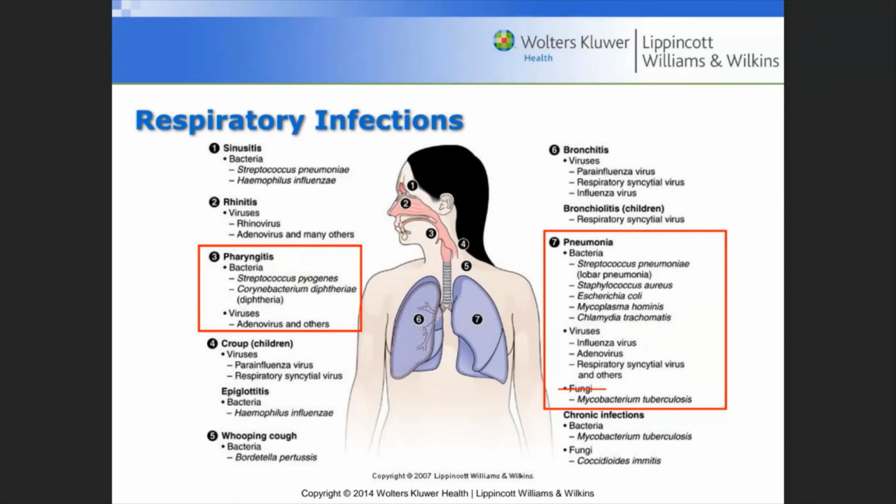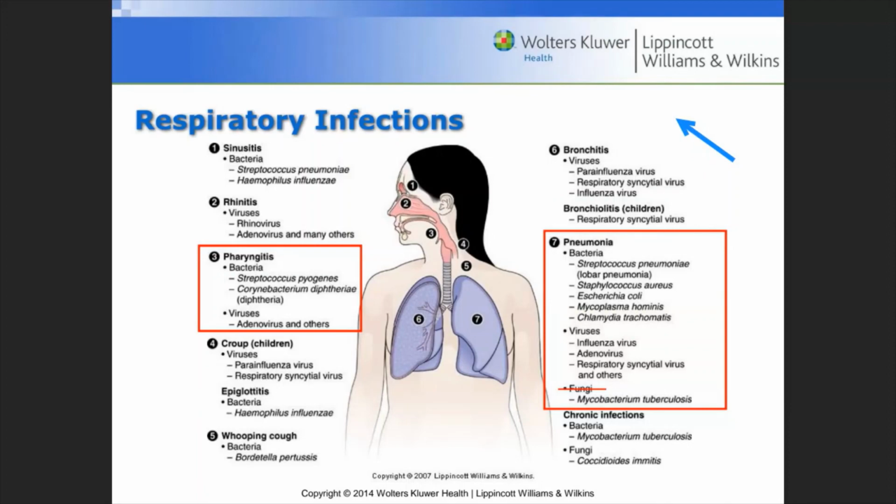Respiratory tract infections regarding bacteria: Streptococcus pyogenes, and certainly there are many. I would focus on the organisms that are in the red box. Rhinovirus we already talked about as part of the viruses.